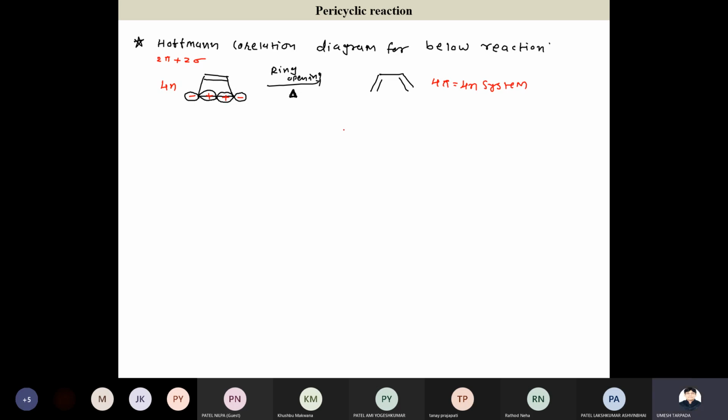Now what you can do, if you want to draw thermally allowed reaction, you can check whether a four-electron system is thermally allowed or photochemically allowed. You can go both ways.